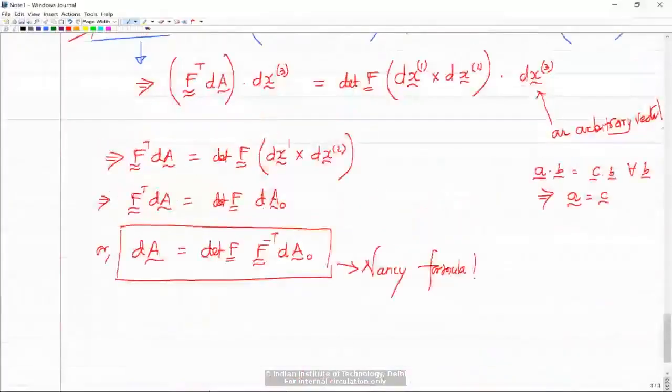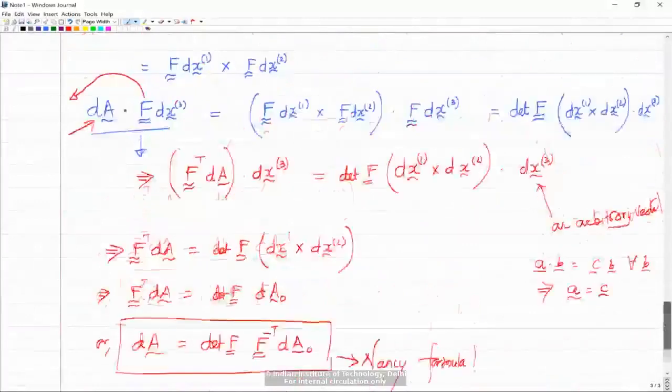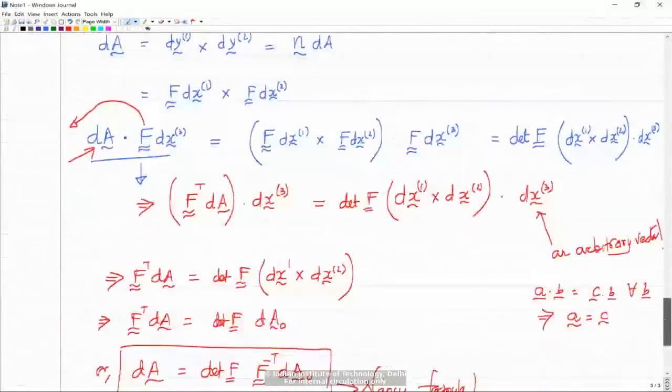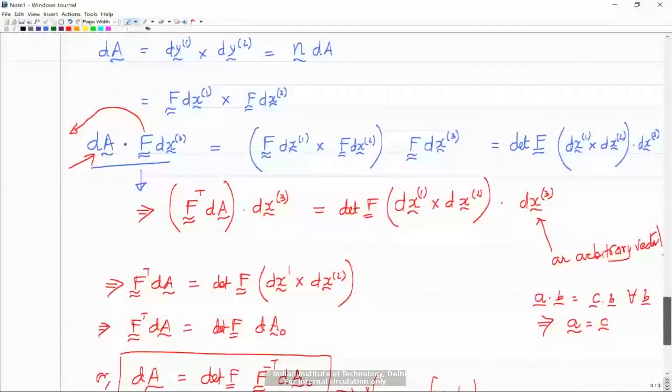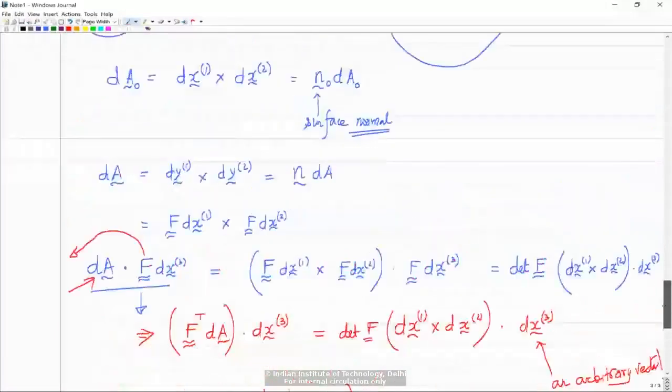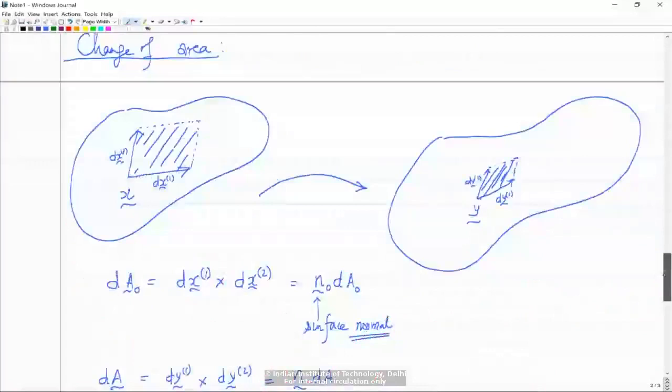Sir, in change in area, you write vector dA naught and vector dA, and you write the surface normal the same for both. Is it same, sir? Where have you written that?